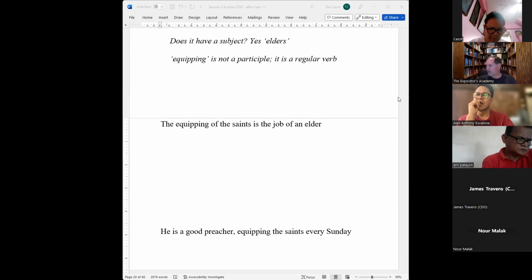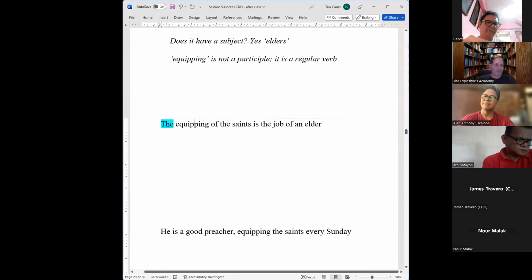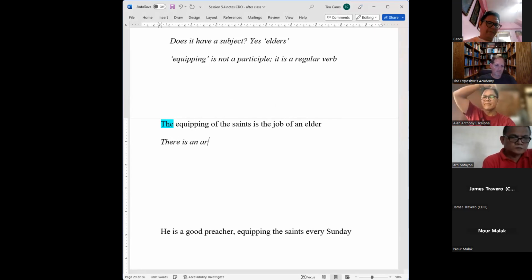Yep, equipping. And what's it doing in the sentence here? It's an article. Yeah, notice there's an article in front of it, isn't there? So what is that telling us? Is equipping a participle or something else? It's a gerund. Yes.